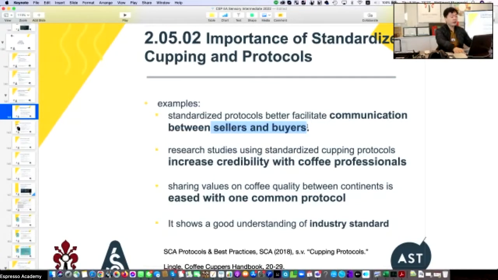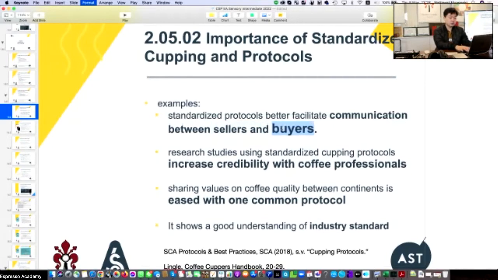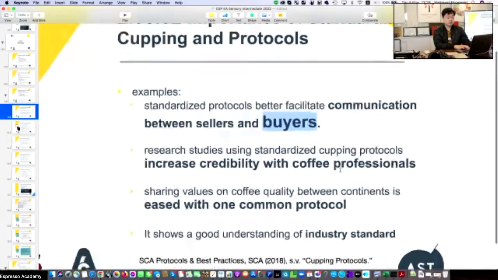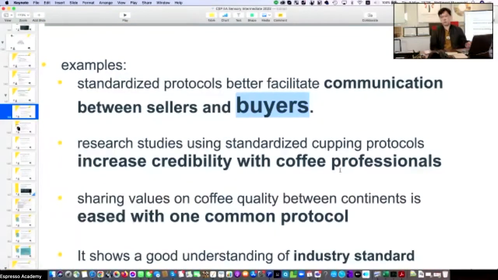We don't want to create our own wheels that the buyer does not understand, because the buyers are calibrated to the standard of SCA, or the flavor wheel of the SCA, or the aroma kit of the SCA. That's what they are calibrated to. If you make your own kit, your own aroma wheels, then you will have an issue with your buyers. You need to try to communicate with them what it is that you are talking about.